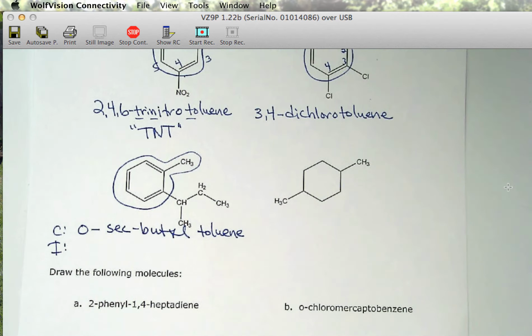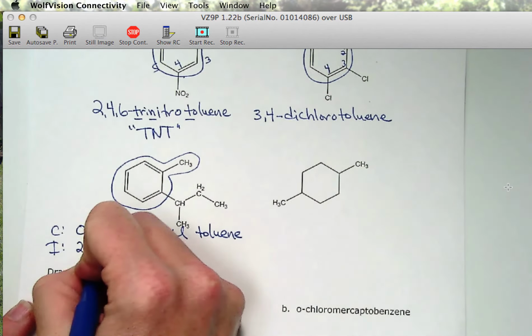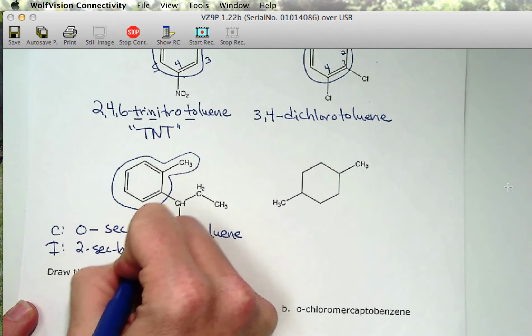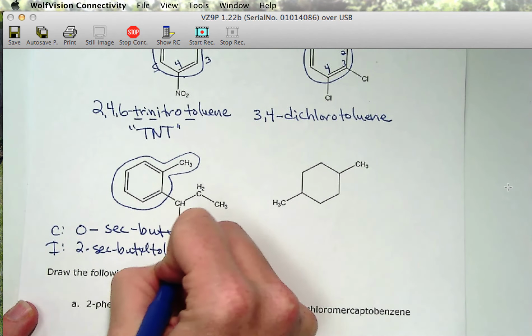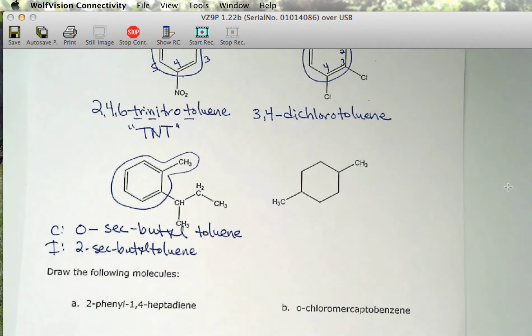Does that make sense? IUPAC recognizes that for a benzene ring with a methyl, the parent is toluene. But if we ask you to name a structure on an exam, we either say common or IUPAC, so I would accept either.